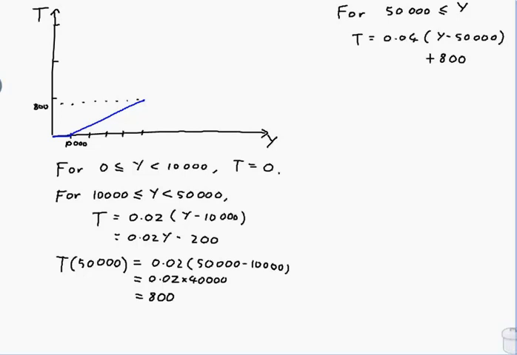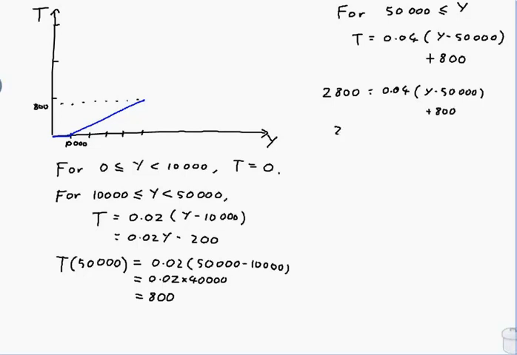So we just need to figure out where that line goes to. Our maximum tax is 2,800, so we should find out how to get 2,800 for T. 2,800 is equal to 0.04 times (Y minus 50,000) plus 800.